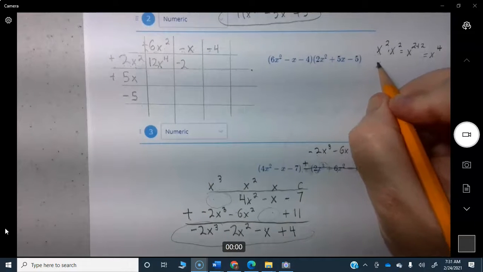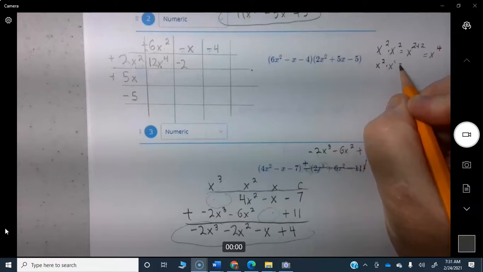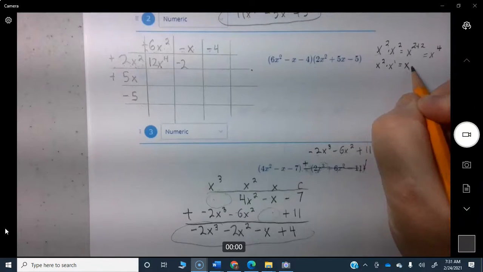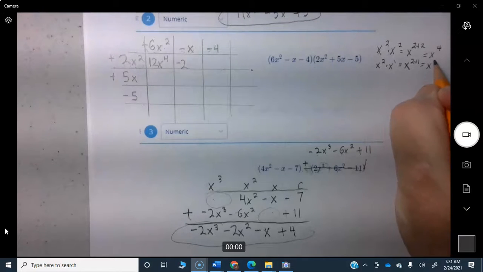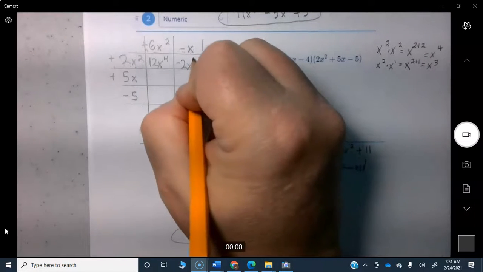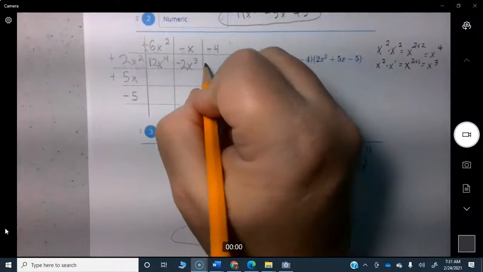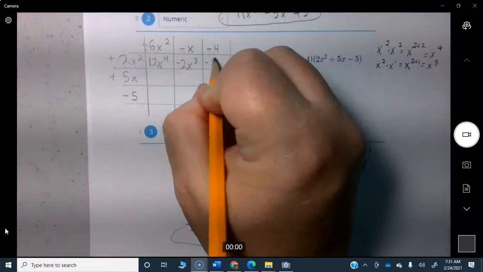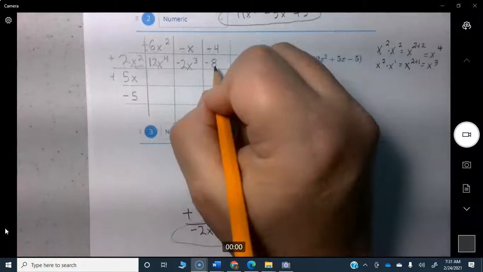Let's do that over here. x squared times x to the 1st equals x to the 2 plus 1, which equals x to the 3rd power. Okay, so that's going to be x to the 3rd. All right, 2 times negative 4 is negative 8. And you don't have any x term here, so it's just going to be this one, x squared.